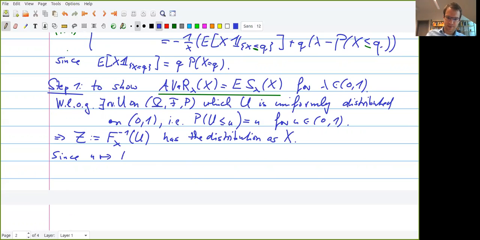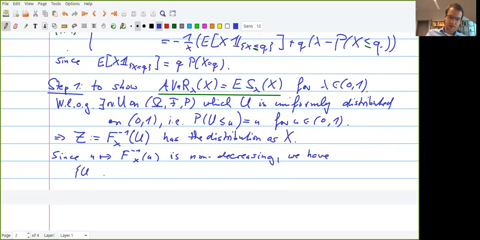So first thing I see here is, I look at the inverse function of X. Well, this is non-decreasing because it comes from a distribution function, which is non-decreasing. Okay, that's nice.